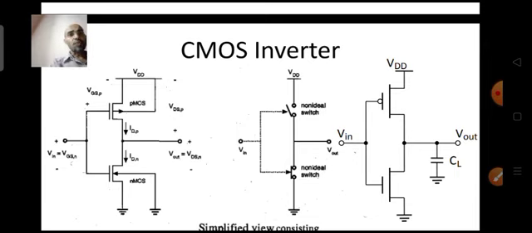If it points outward, then it is a PMOS. But if you don't want to use this symbol, you can use the other symbol shown in the rightmost diagram, where the PMOS is shown with a bubble. The symbols of NMOS and PMOS are exactly the same, but the PMOS has a bubble on the gate terminal.